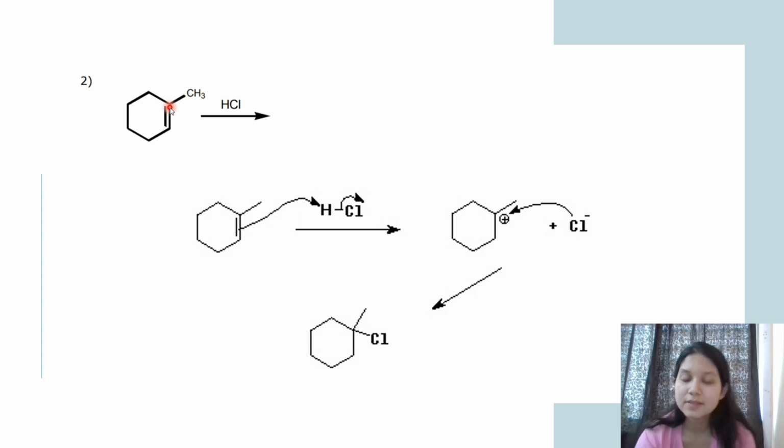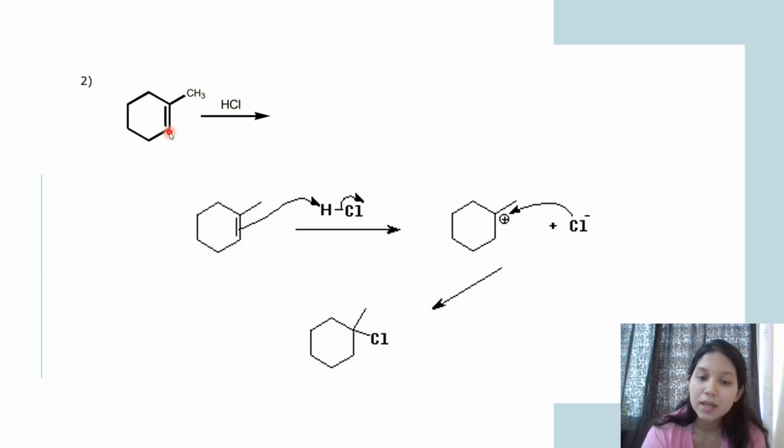So yes, this is definitely following Markovnikov regioselectivity, because the hydrogen is getting added to the position which contains more hydrogens already. Here you already had one hydrogen and the new proton is getting added here only. And you finally get this product, which is chloromethyl cyclohexane.